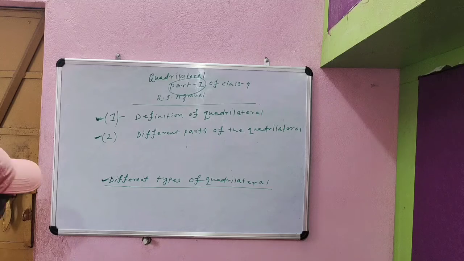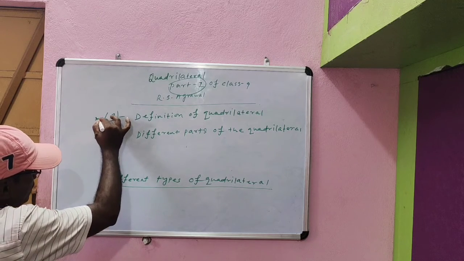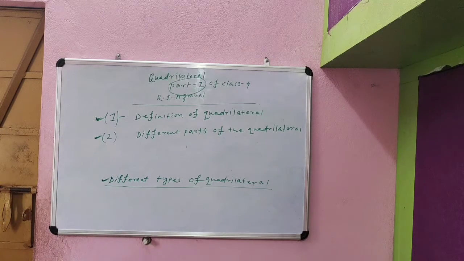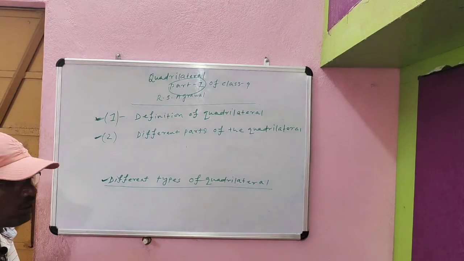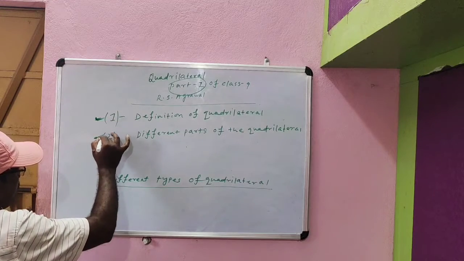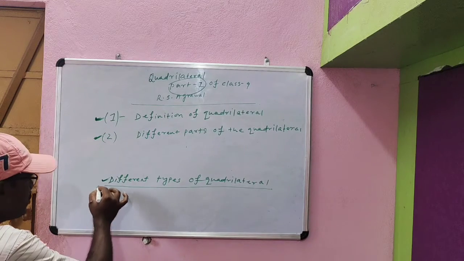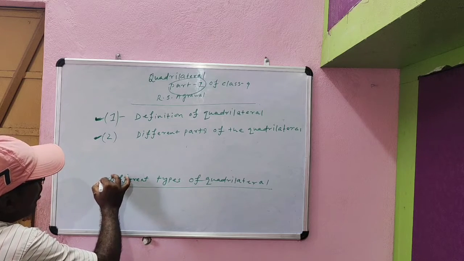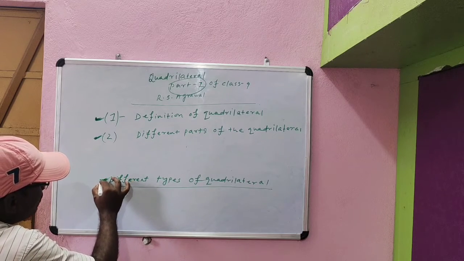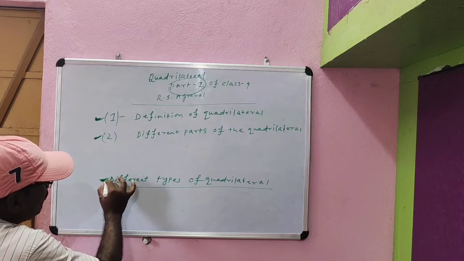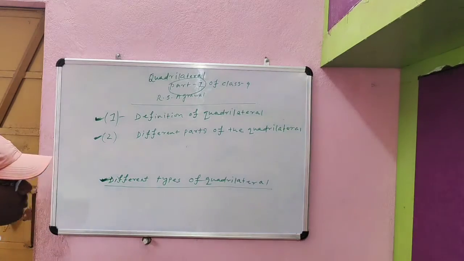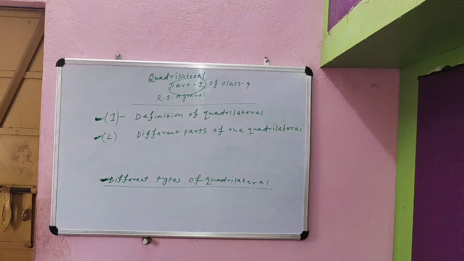First you watch these two things, because you may have any doubt. So first watch these two things, then you can watch the second part of this chapter, that is the different types of quadrilateral. So let's start.